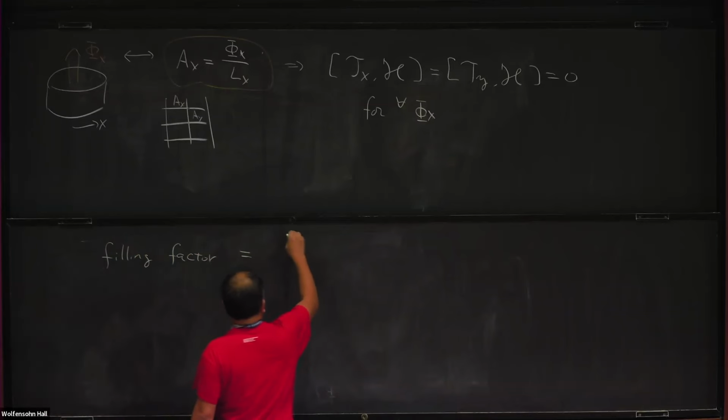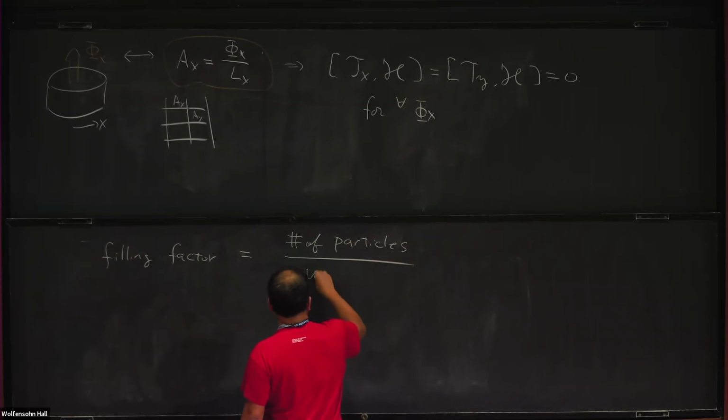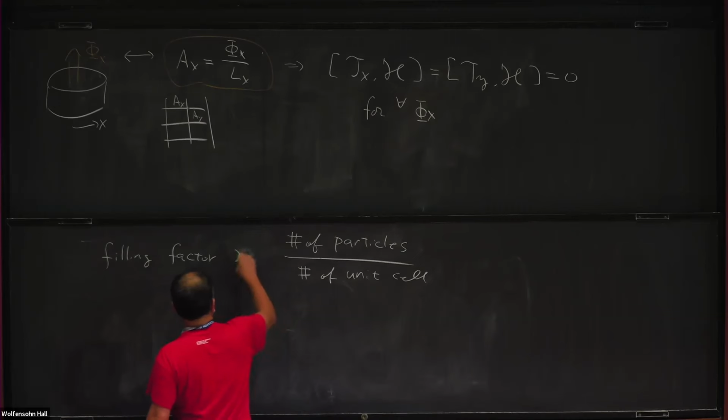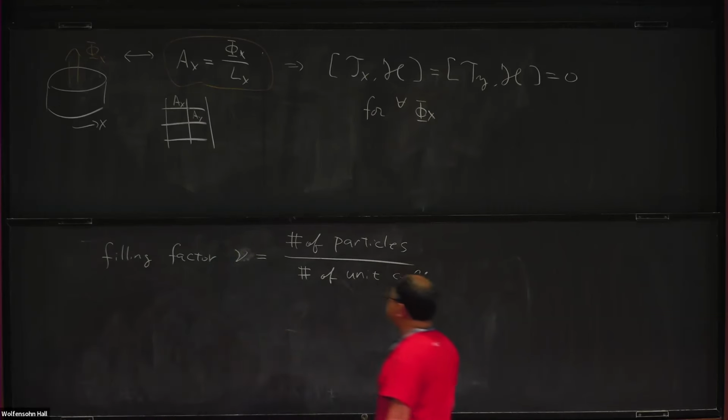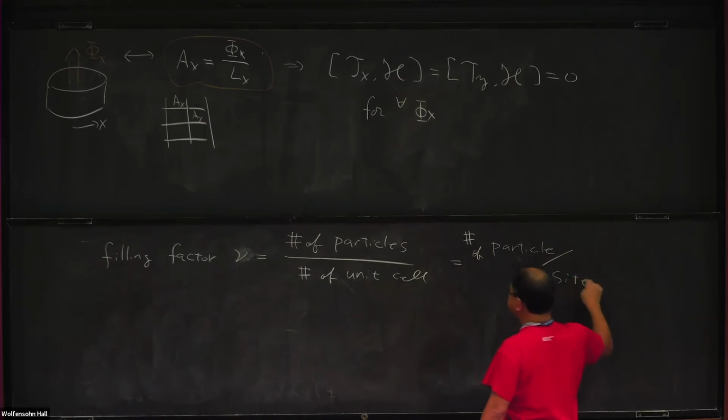Number of particles per unit cell. So the filling factor, which is often denoted as nu, is the number of particles per unit cell in general. And in the case of a square lattice, the unit cell is just a site. So for a square lattice, this is just a particle per site.